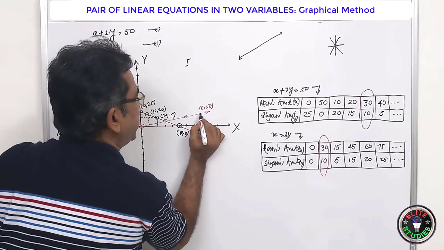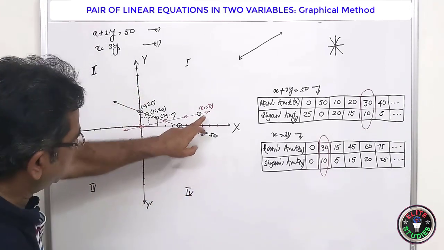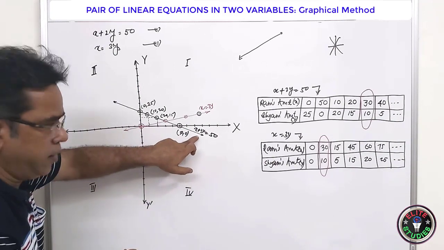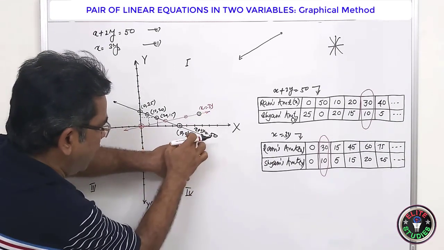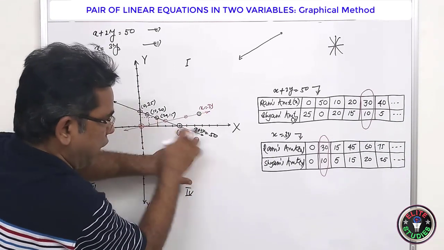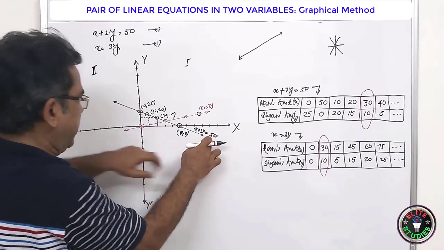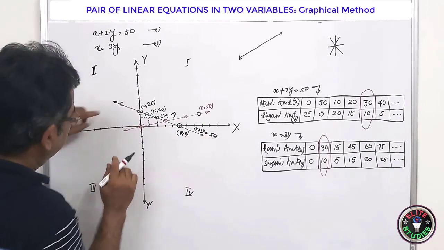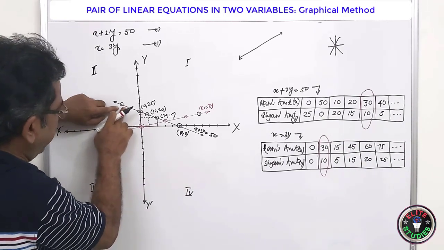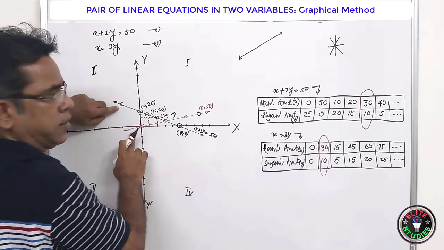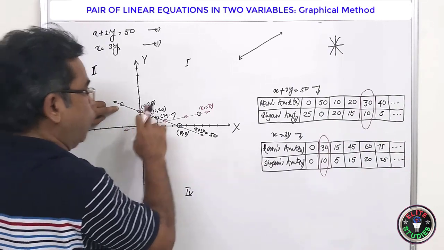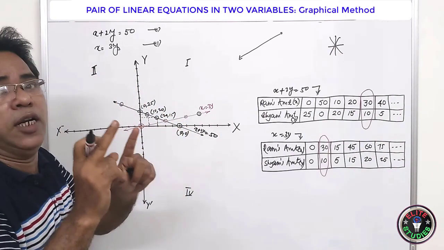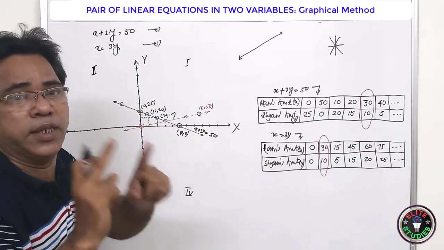Suppose you take a point here; since it is not lying on this line, it will not satisfy this equation. Similarly, if you consider this point, since it is lying on this line, it will satisfy this, but not this. Then which point is going to satisfy both the given equations?